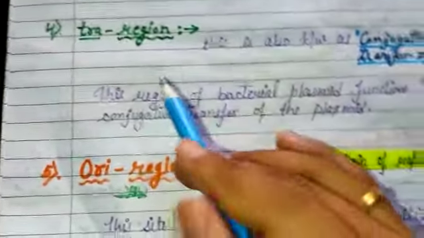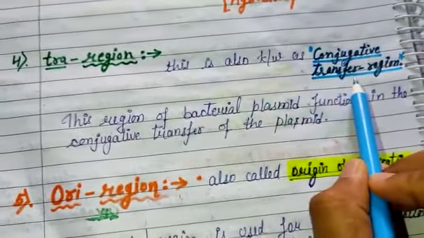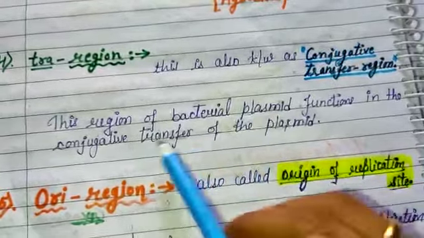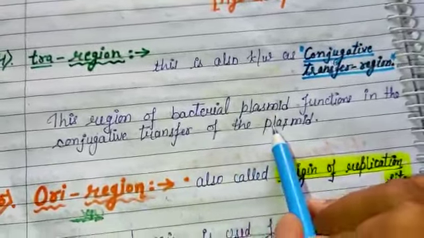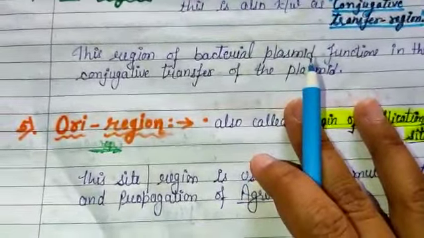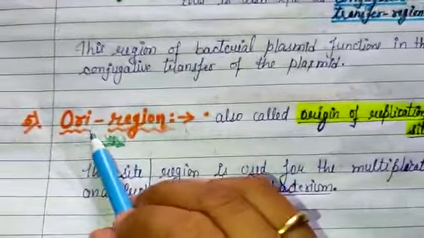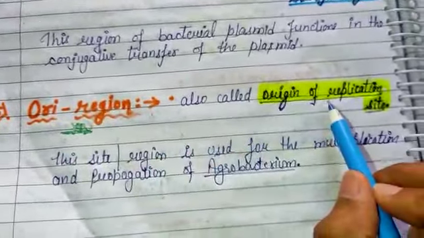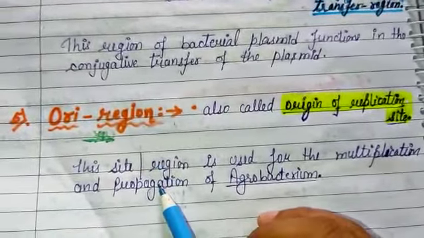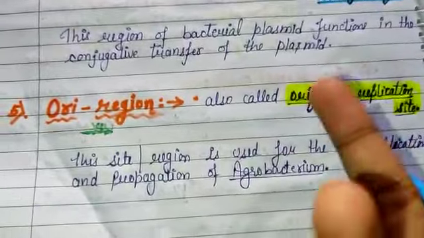Next is the Tra region, also known as the conjugative transfer region, and this region of the bacterial plasmid functions in the conjugative transfer of the plasmid. And the last region of the tumor inducing plasmid is the most important site, the ORI region, also called the origin of replication site, and this region is used for the multiplication and propagation of the bacterium.